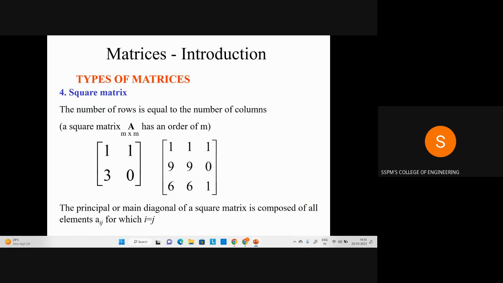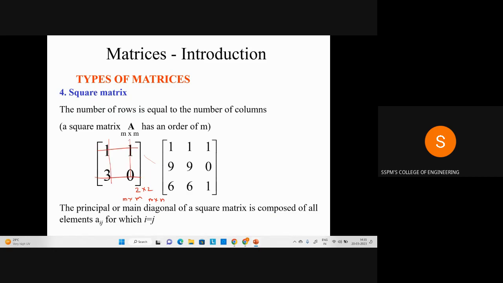So here it is a square matrix. What is a square matrix? If the order is m cross m or n cross n, then it is called a square matrix. For this first matrix, the order is 2 cross 2. There are two rows and two columns.